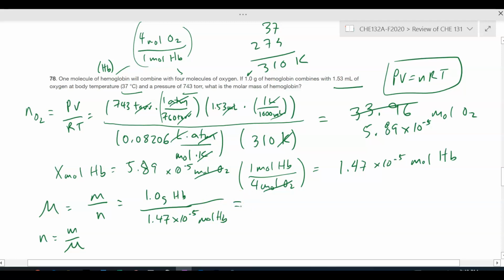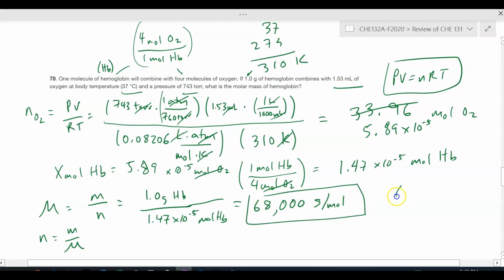So that's just taking the inverse of this number, and the molar mass comes out to be 68,000, and that's as many sig figs as I should get. 68,000 grams per mole is about our molar mass.